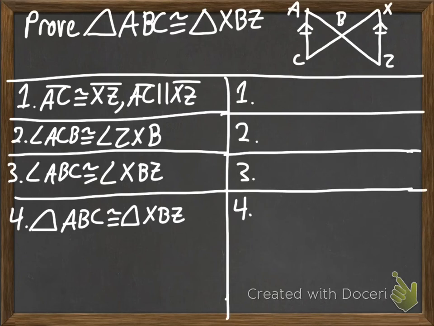Okay. As usual, number 1 is our given. 2, we see that angle ACB is congruent to angle ZXB. So that is these two angles. And that is by the alternate interior angles again.